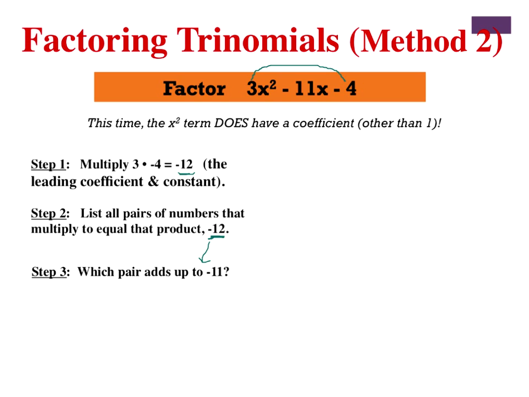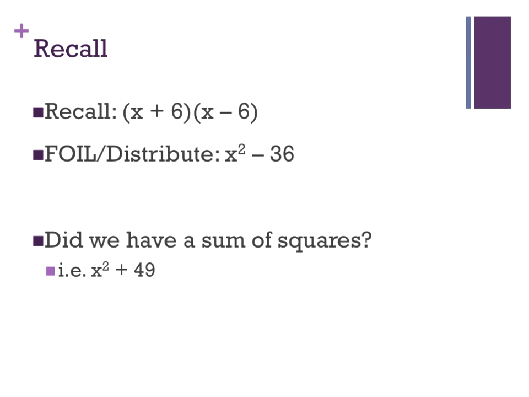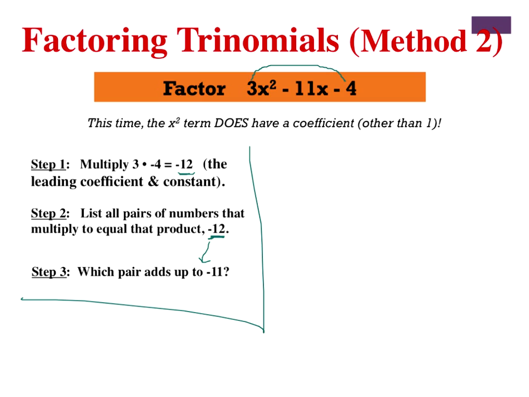Good. Wendy said it's 1 times negative 12. Good, good, good. So now what we want to do is we need to rewrite that as 3x squared minus 12x plus x minus 4.